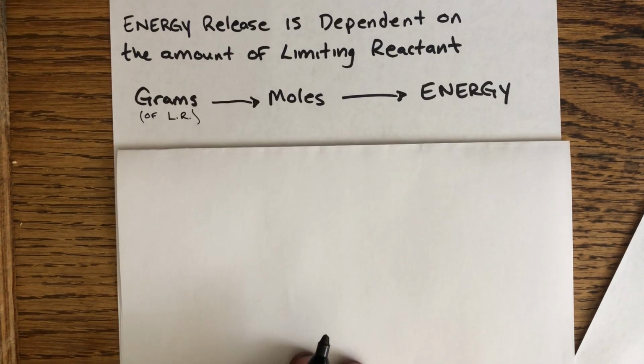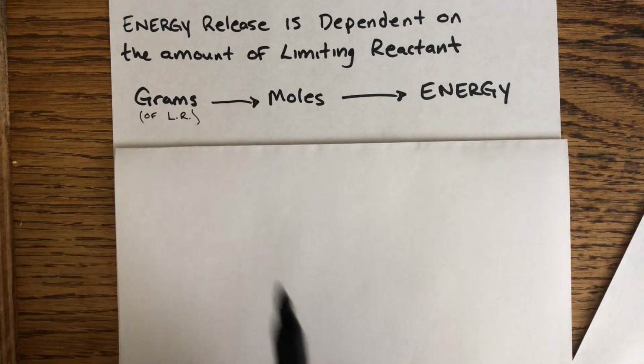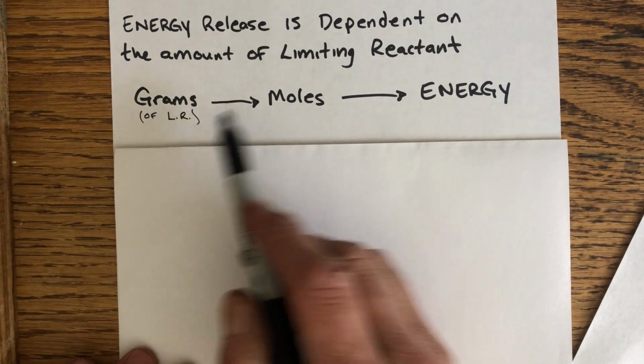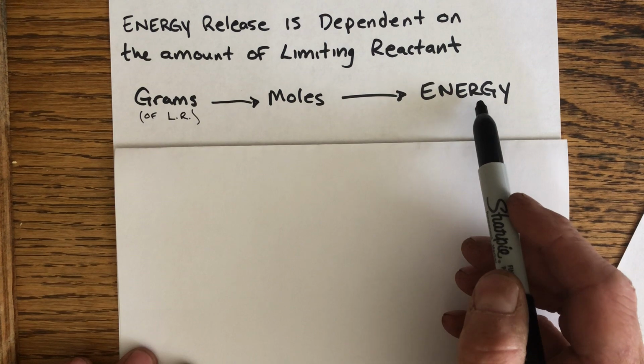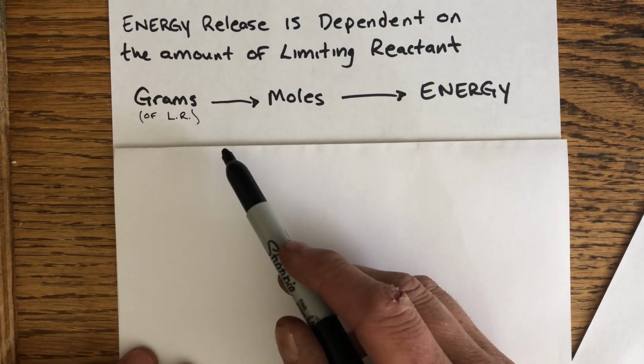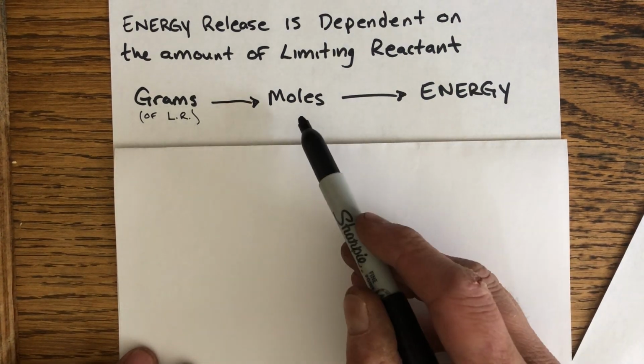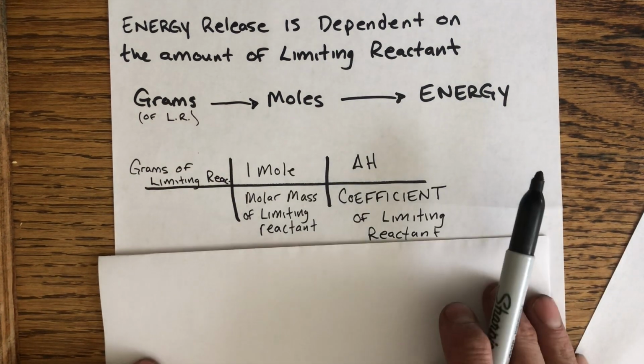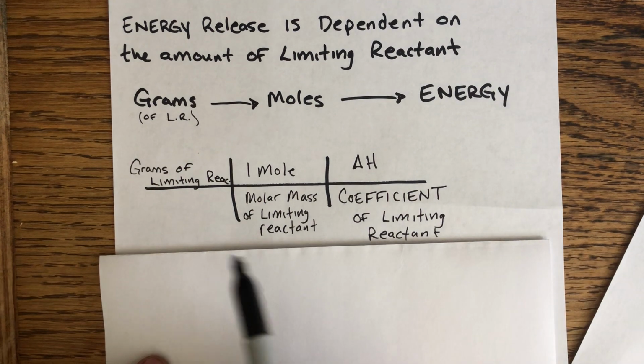To do that, we need to equate the number of grams of our limiting reactant to the amount of energy that would be produced based on that amount of grams. So we go through moles first and then to energy. Here's what the dimensional analysis looks like.